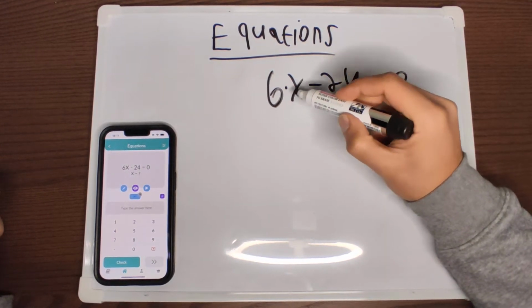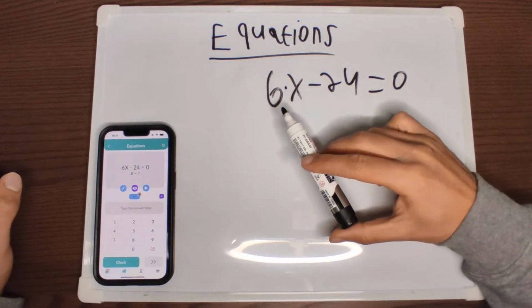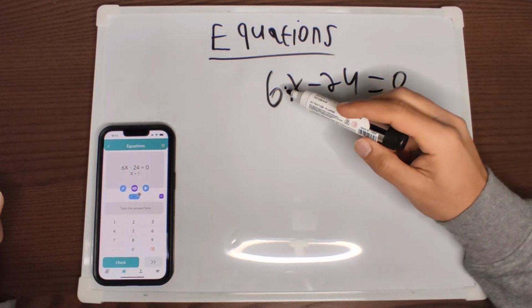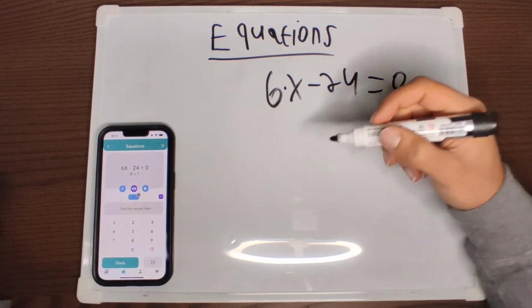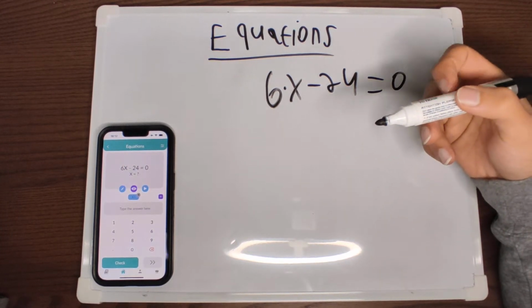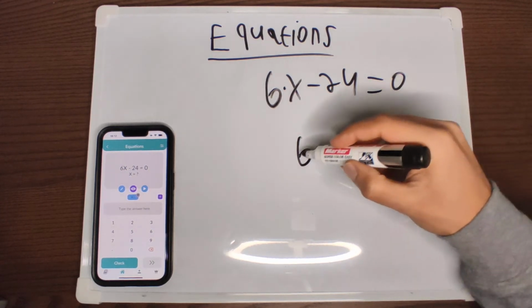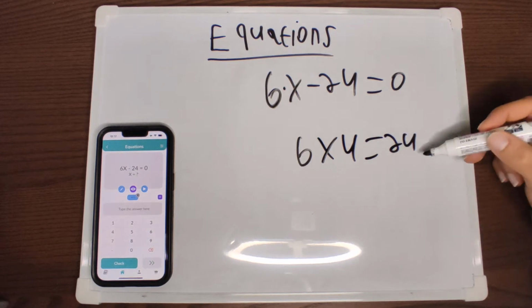Actually, there is a multiplication between the two elements. It's 6 times x. You can mark a multiplication with a dot instead of, like when we were in elementary school, the multiplication sign, as in 6 times 4 equals 24.